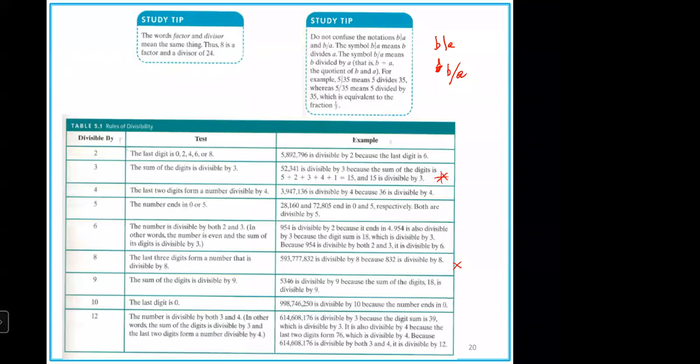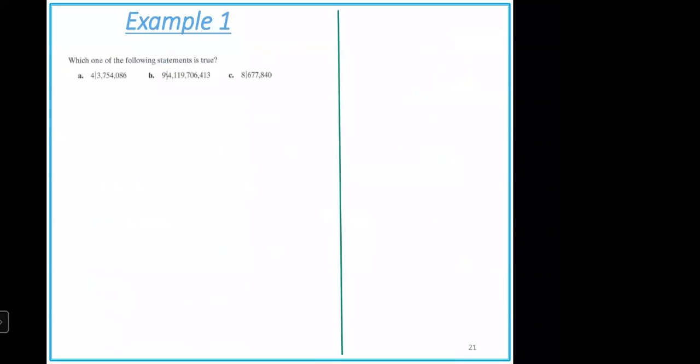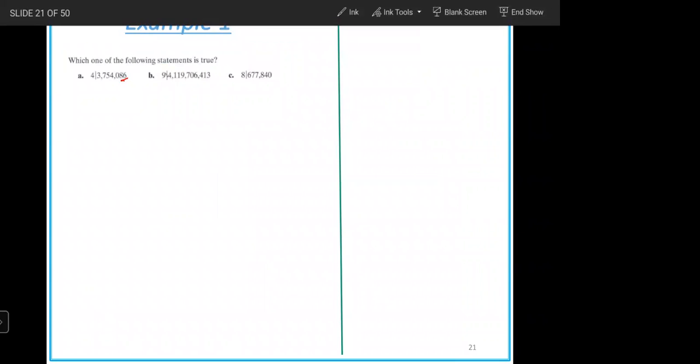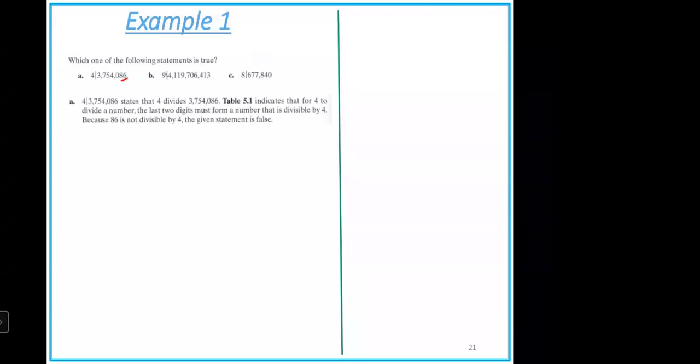And the rule for 4 is that the last 2 digits must be divisible by 4. So the last 2 digits for this one are 86. Now 86 is not divisible by 4, so you're going to get a remainder. So therefore, that one wouldn't be divisible. So of course, that is false.